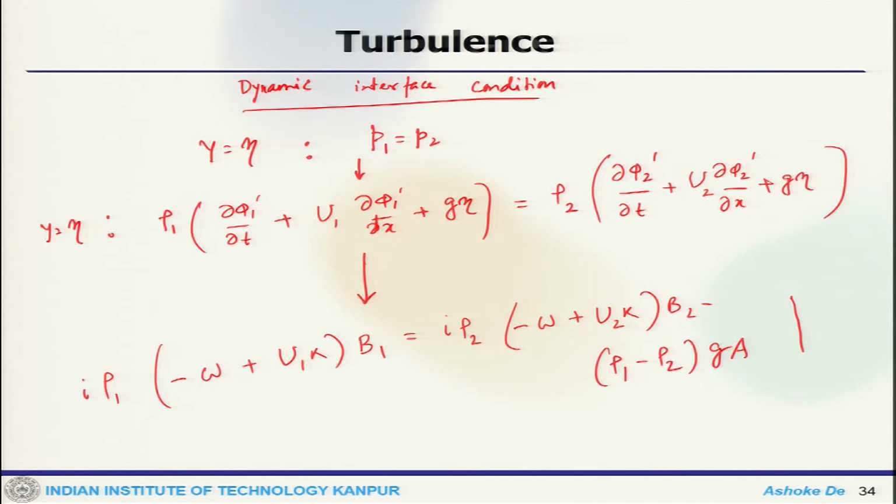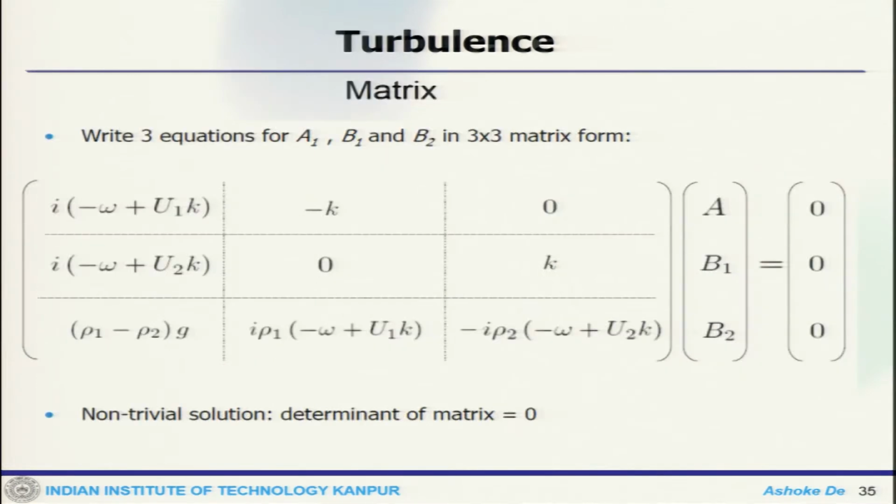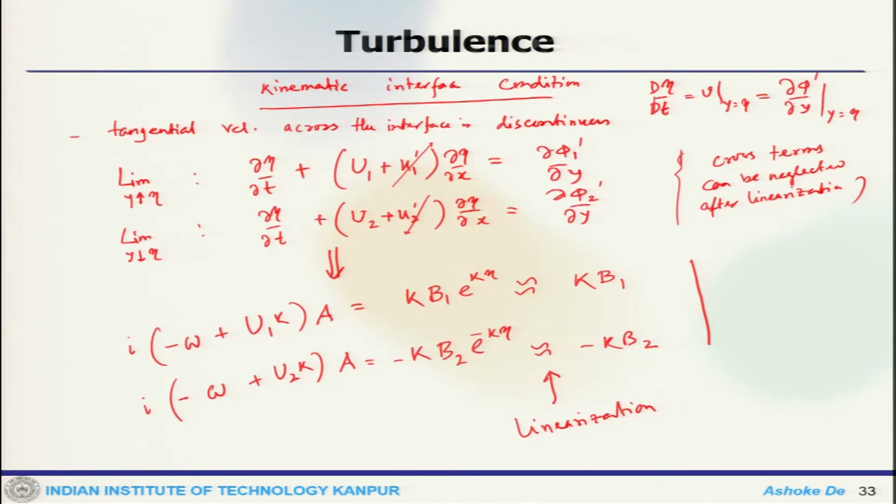So, now if we put the whole system of equations after applying the boundary conditions in the matrix system, how would the matrix look? We have a 3 by 3 system and the equations are for A, B1 and B2, coupled.